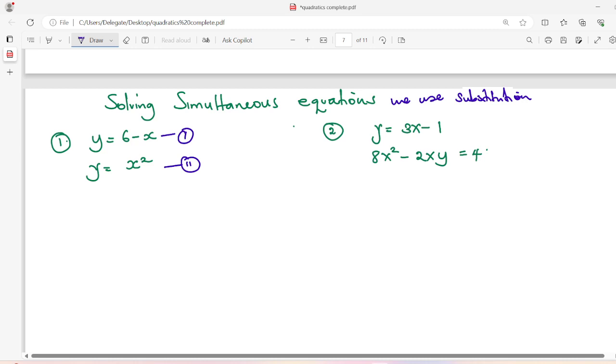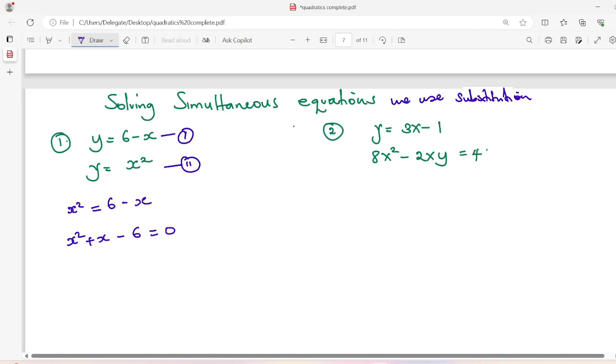So here, since they are all equal to y, we equate them without wasting time, and you end up having x squared plus x minus 6 equaling 0. So if that is my quadratic equation, then I am forming a quadratic equation that I need to solve.